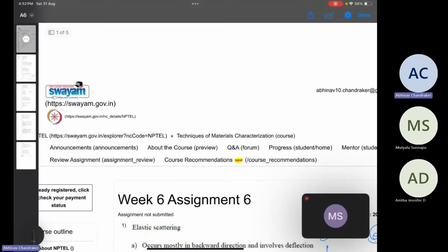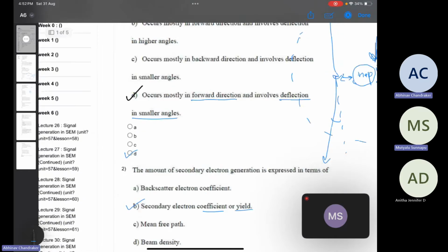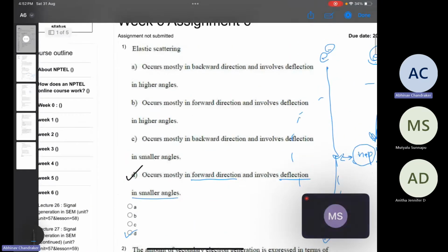Actually, this question is repeated, I think, because it was here also, elastic scattering. I had told that the nucleus is very small, so reflection due to repulsion with the nuclei, which happens in elastic scattering, is very rare because the nucleus is very small. So the angle of deflection is very small in most cases.